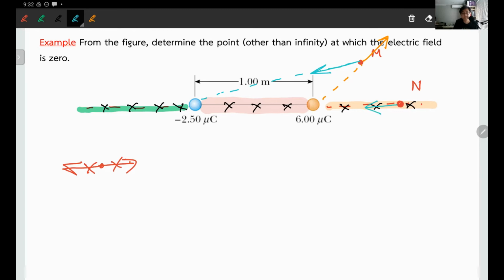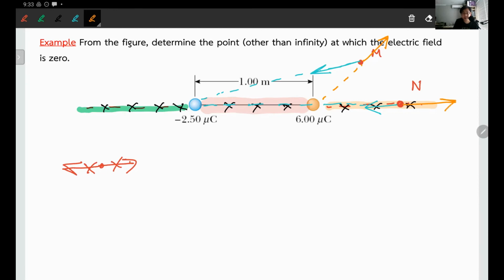You guys with me? The electric field points towards it. At the same time, the 6 microcoulomb charge is positive, so it will generate a field pointing to the right, the orange one.